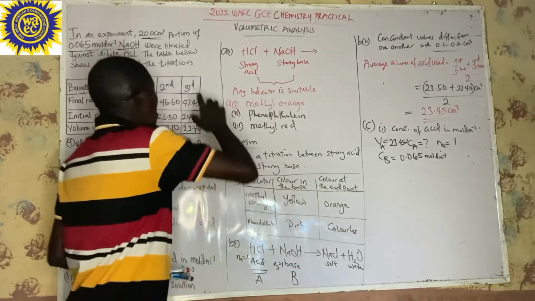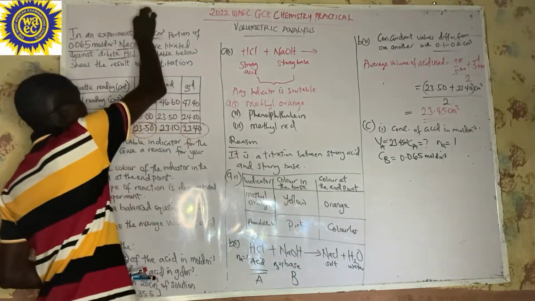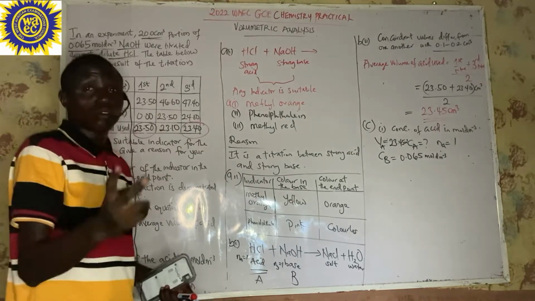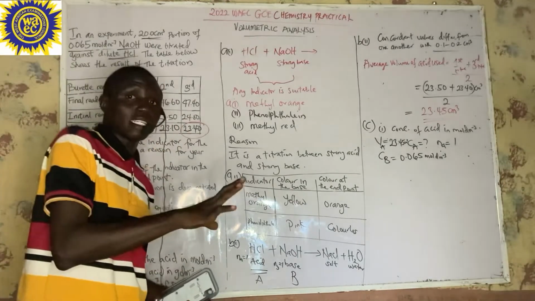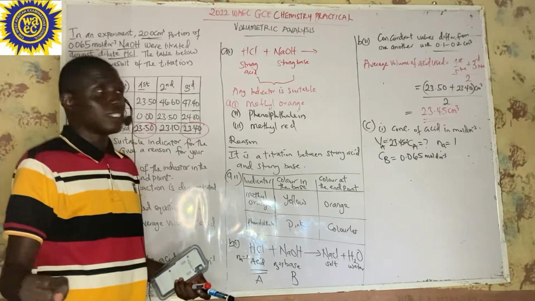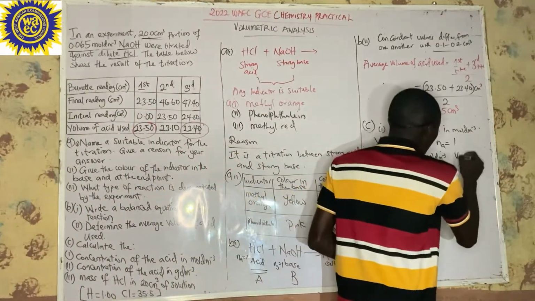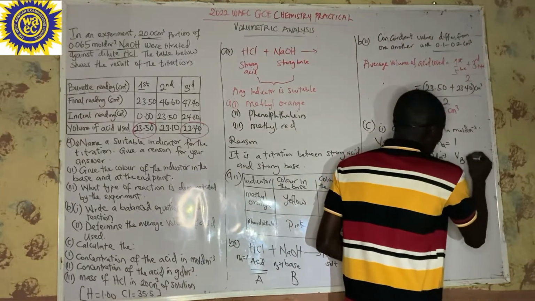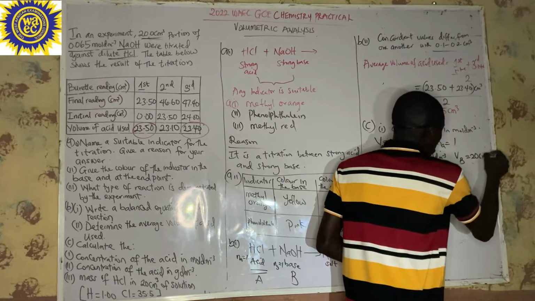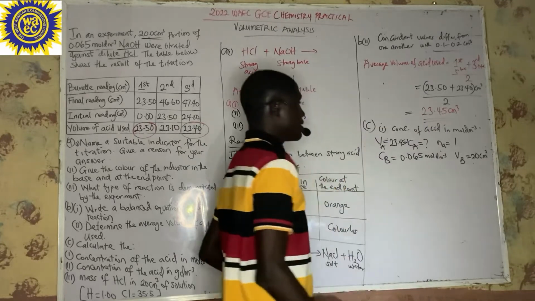There are two types of pipettes, 25 centimeter cube and 20 centimeter cube, and here we are given 20. So the VB here, which is the volume of the pipette, is 20 centimeter cube.